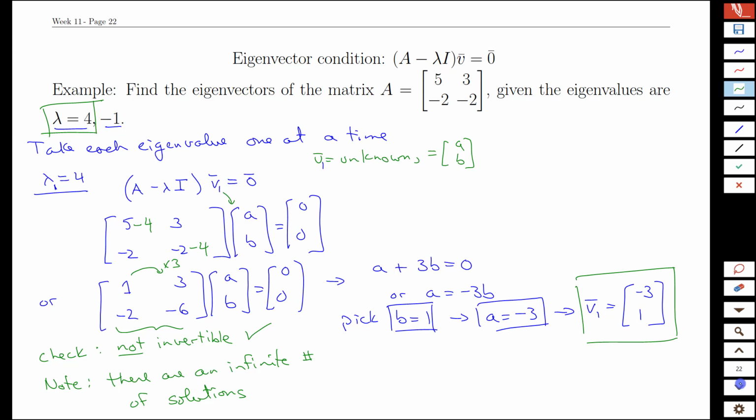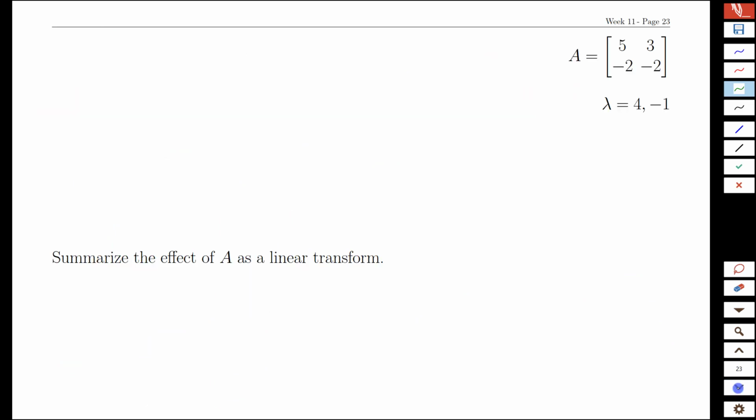Now we just repeat the process, hopefully a little more quickly and efficiently, with lambda equals negative 1. So we set up our equation again. A minus lambda I, this time times v2, is equal to the 0 vector. We have our A matrix here again, and so I'm just going to put that in, 5, 3, negative 2, negative 2.